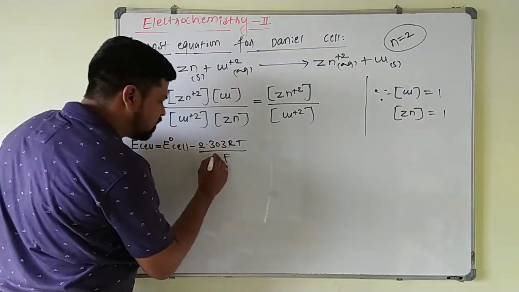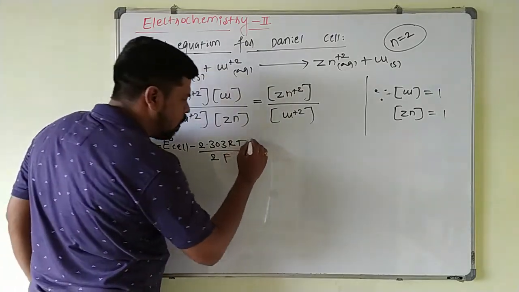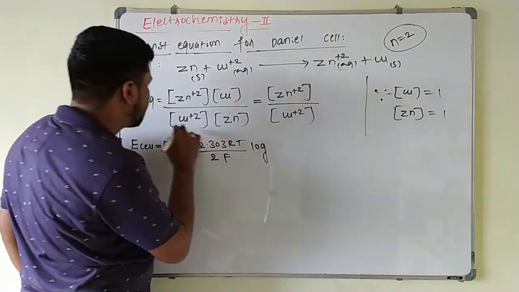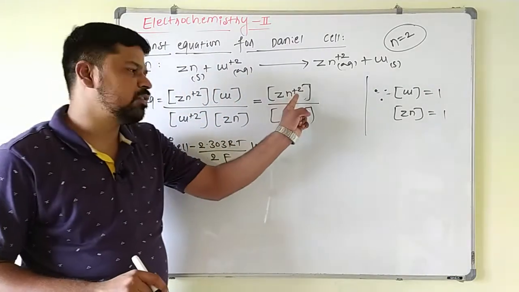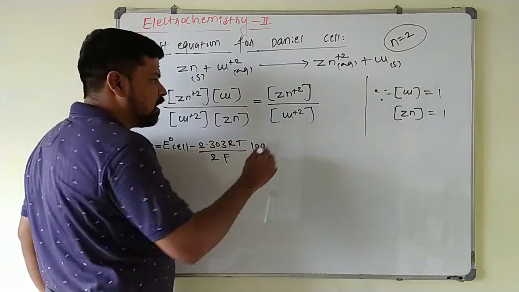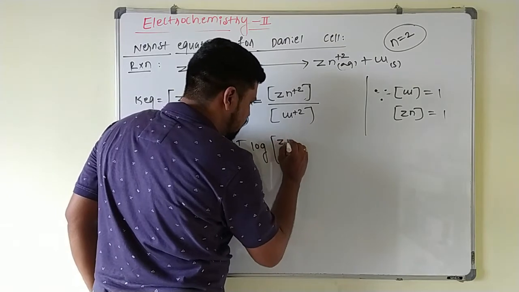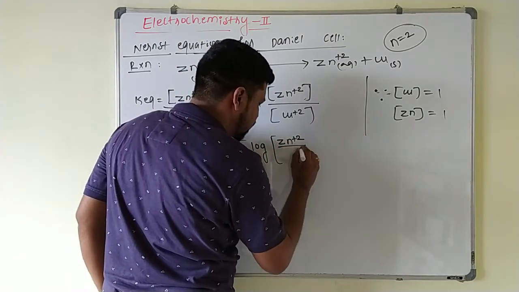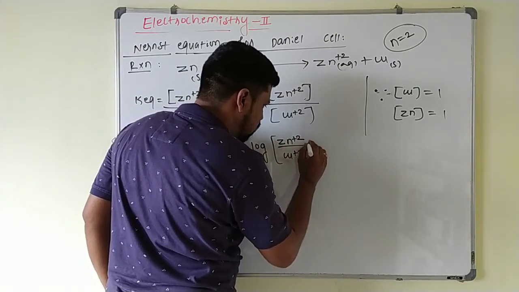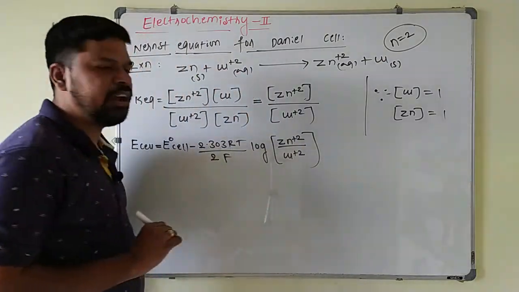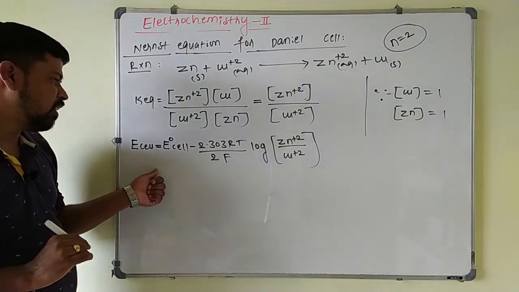Number of electrons exchanged, 2 here. So log of, what is the equilibrium constant here? Concentration of zinc plus 2 ion and concentration of copper plus 2 ion. So this becomes molar concentration of zinc divided by molar concentration of copper plus 2 ions here.